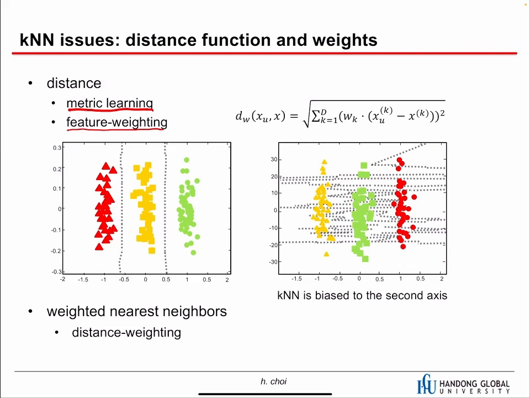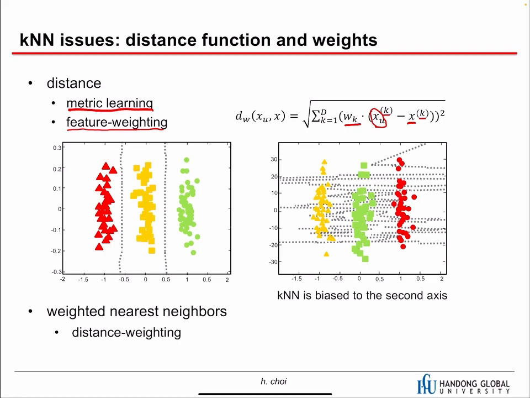in feature weighting, we have one training sample here, and the k is the dimension of the feature. And the new test sample x has dimensions. Then each dimension has a different weight.